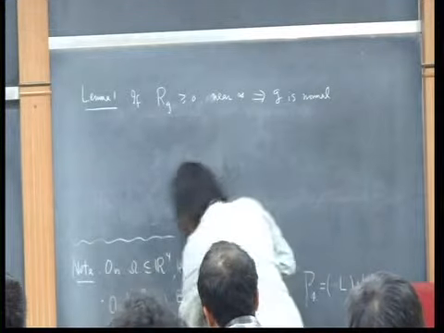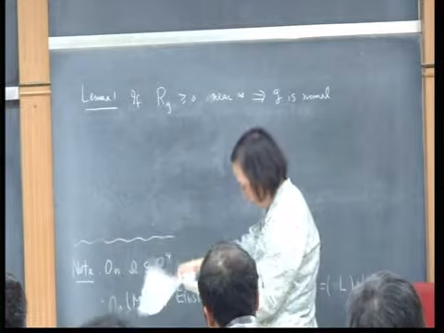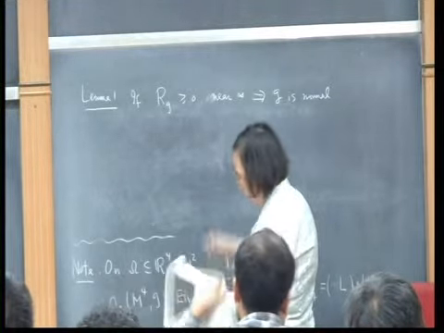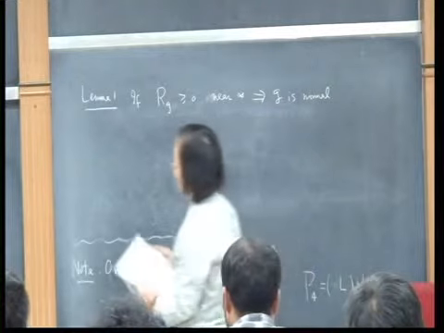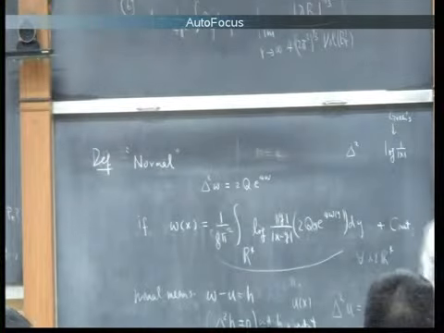So I'm going to say a little bit about the proof of this lemma now. Let me first prove this lemma, and then I will begin to sketch the proof of this theorem. So, proof of this lemma.